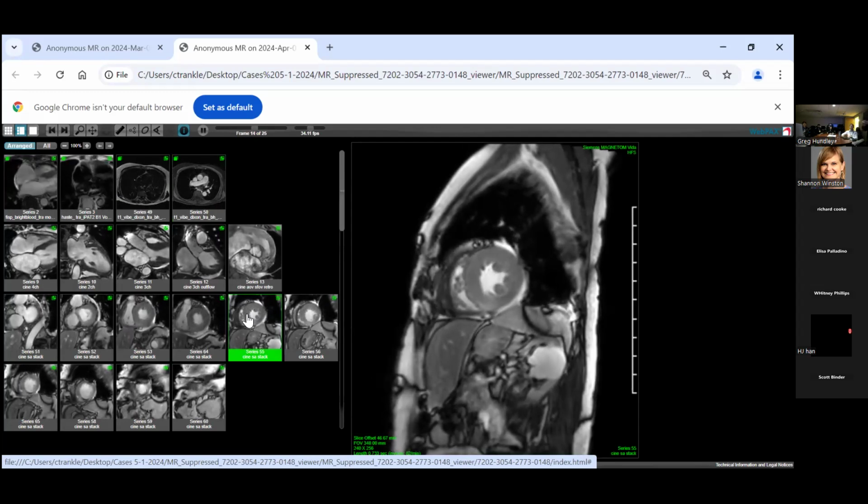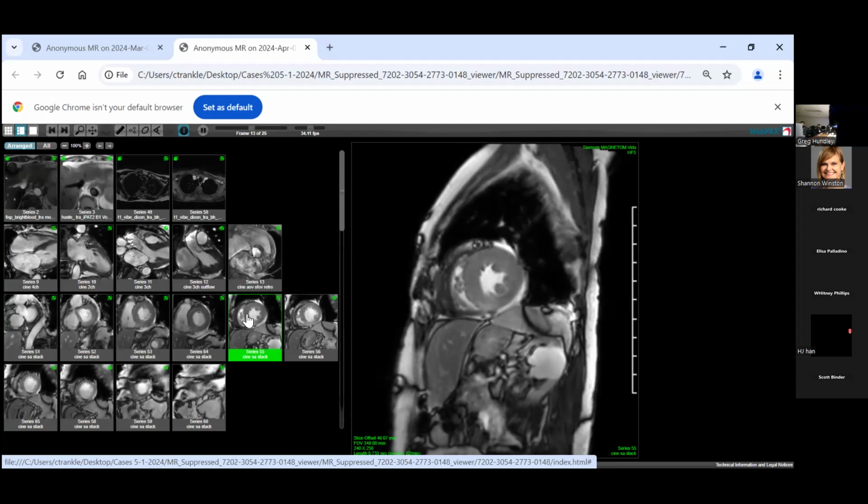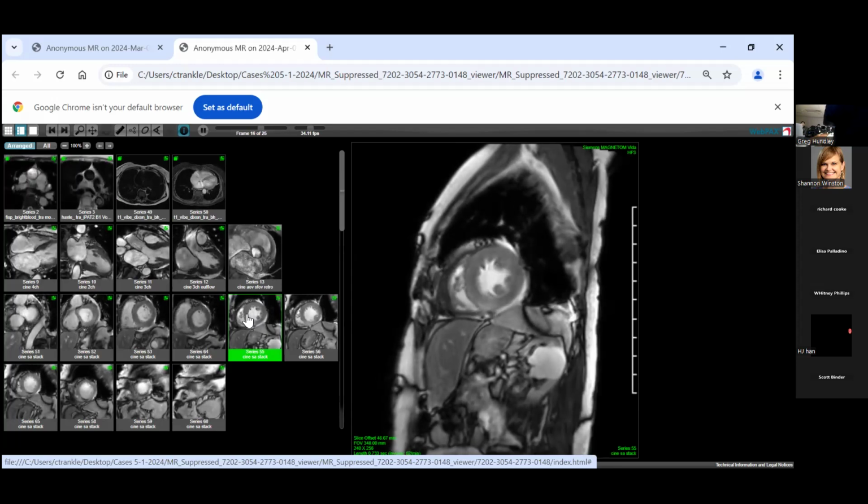That's what we're going to talk about today, how to make those movies. That's really important in cardiovascular medicine to assess function. The next session will be about how we measure blood flow. But first we have to learn how to make the movie.